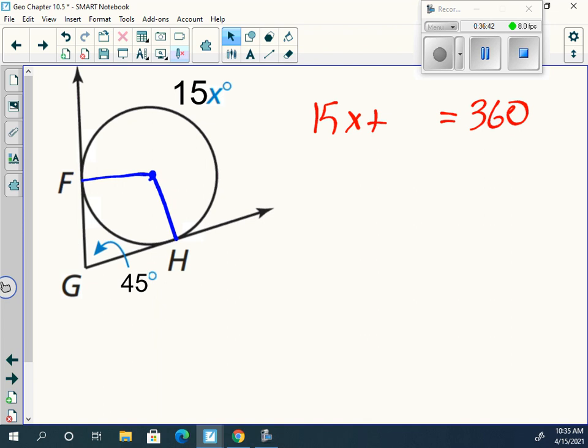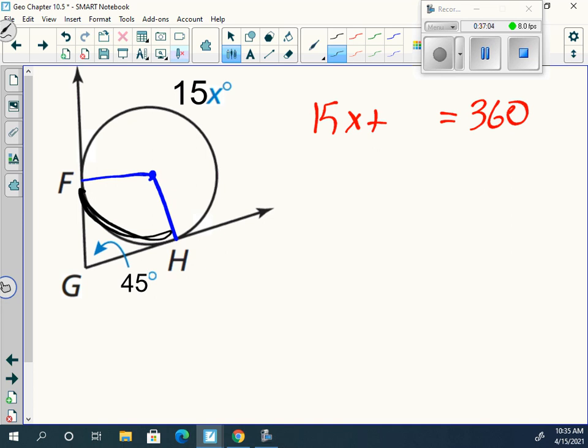Yes. So the space that I left here is our measure of arc FH, because that one plus 15x should give us 360 degrees, and it will. Now we can find FH because FH is the same as the central angle.